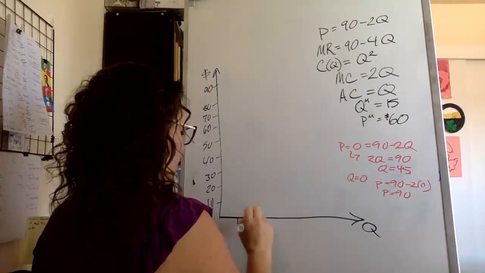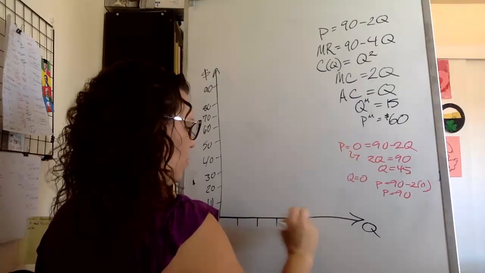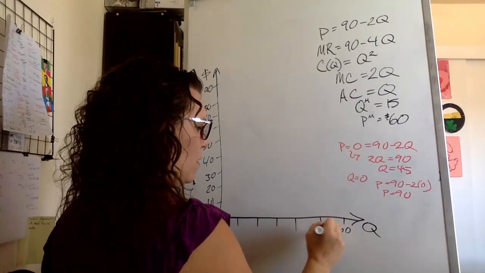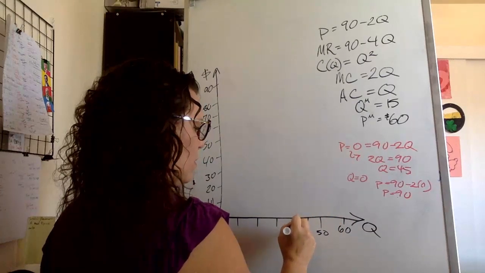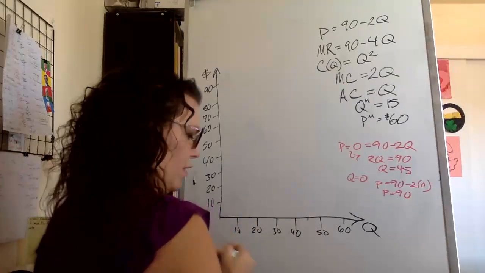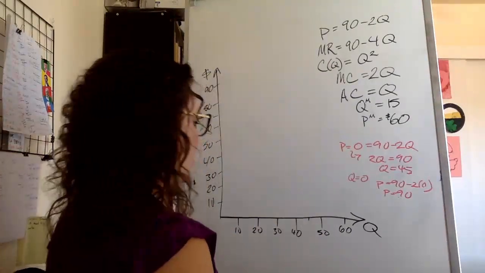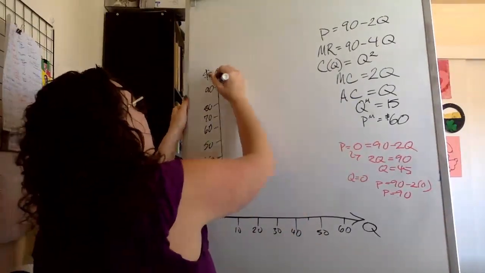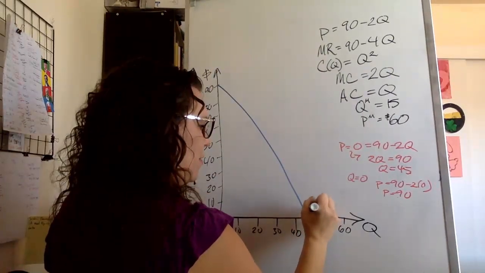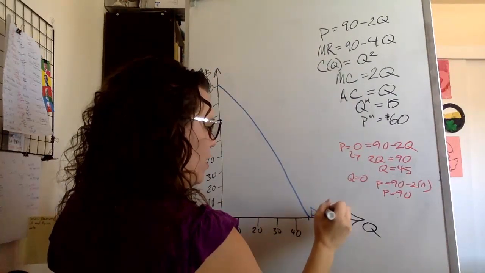So let's say 10, 20, 30, 40, 50, 60. And that should give us our demand curve. So that's our demand curve, which is a function of price.